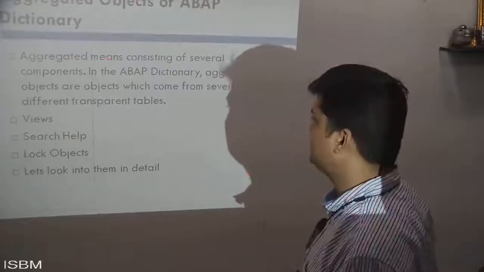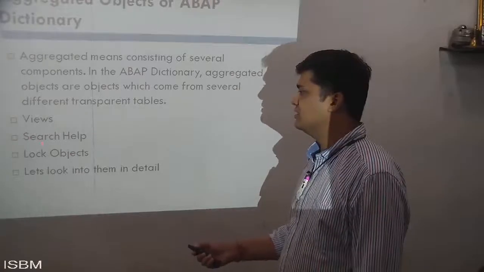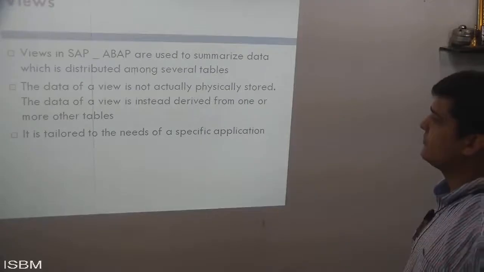So these are some concepts we use in the ABAP dictionary: view, search help and lock objects. Let's go one by one. First is view.